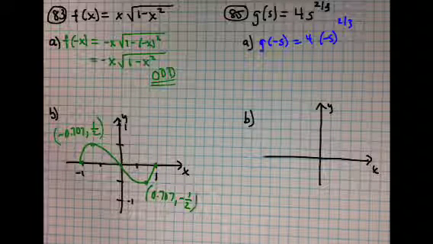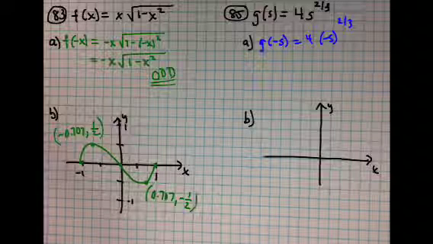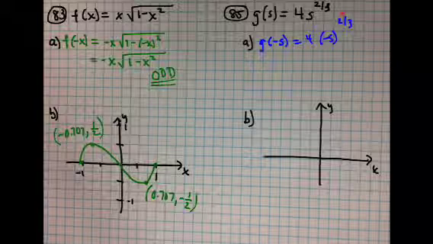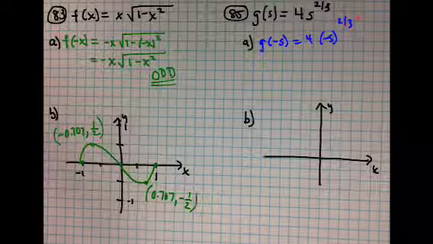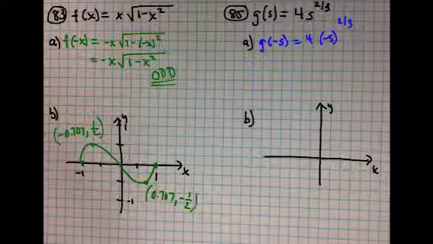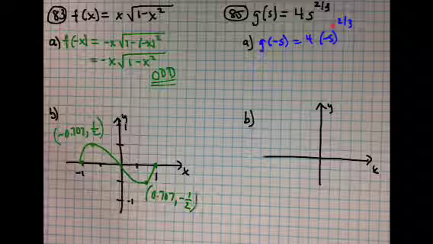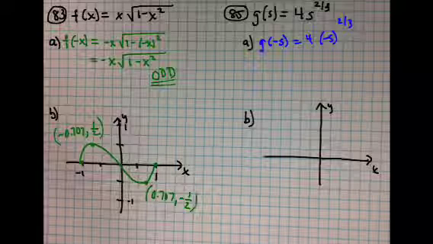So remember what this power means. The 2 is the power, the exponent, and the denominator is the root. So that means we're raising negative s to the second power, and then after that we'll take the cube root if we have to.